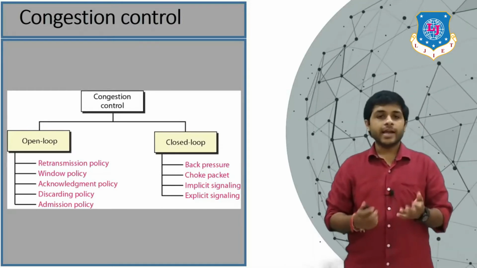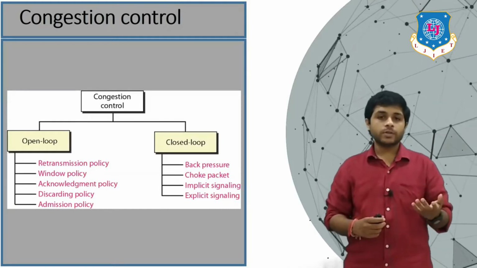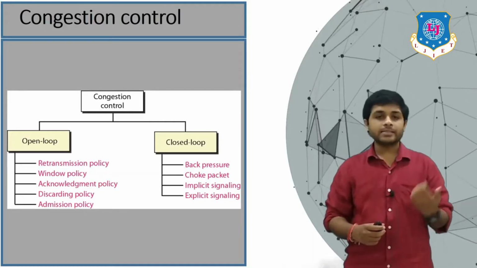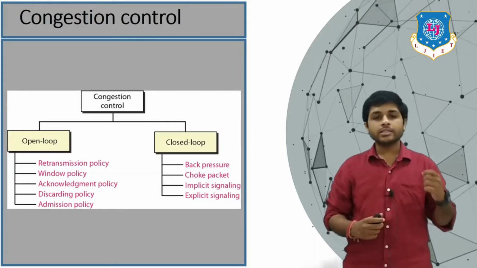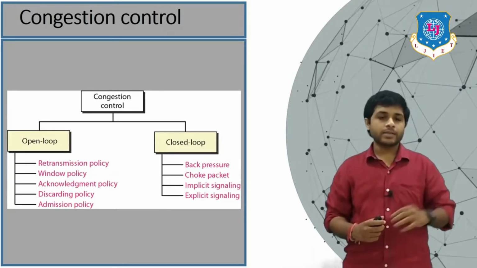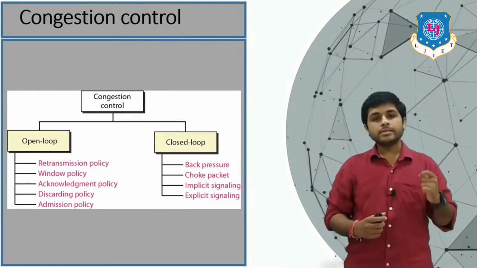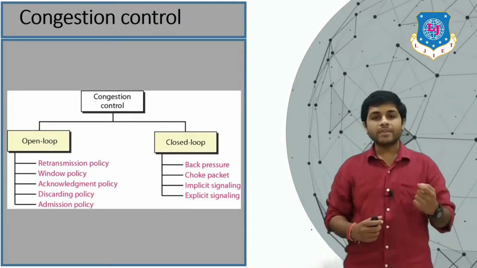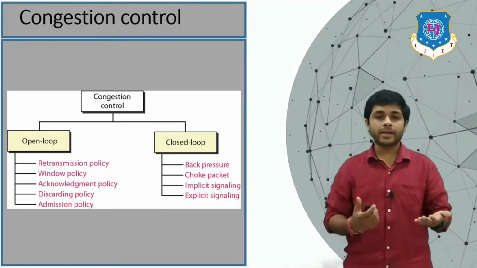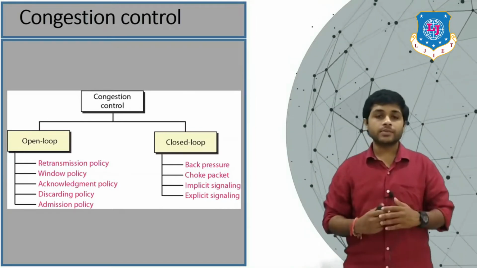Then there is the acknowledgement policy. Now the acknowledgement can be of two types. The sender can receive an acknowledgement for every packet it has sent, or it can receive an acknowledgement for, let's say, every 10 packets or every 5 packets. If the sender is receiving an acknowledgement for every packet sent, in that case in the link there will be so many packets traveling to and fro between the sender and the receiver.